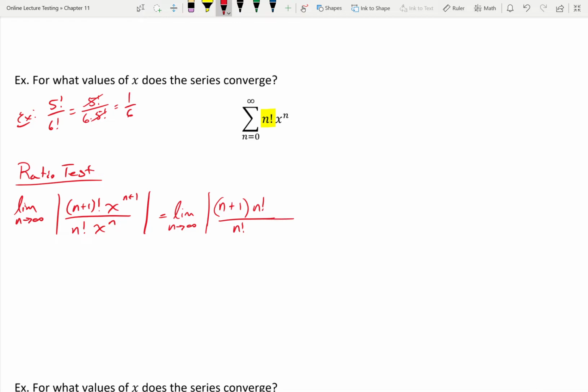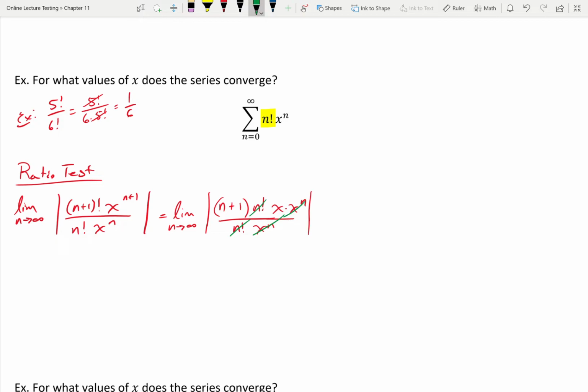The next piece is I have this x times x to the n, because we had x to the n plus 1. So I'm just splitting this up just a little bit. And now we can cancel some things out. So the n factorials are going to cancel, these x to the n's are going to cancel.